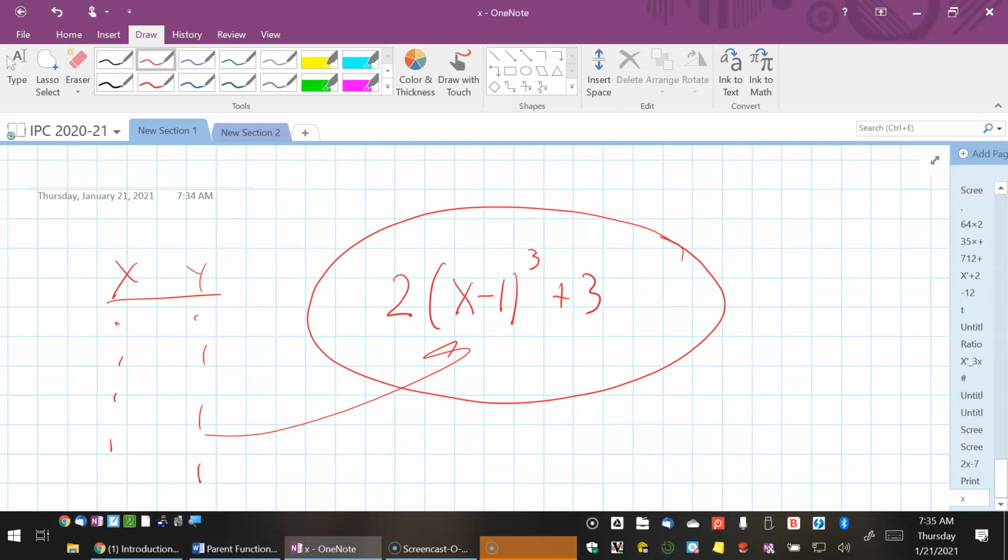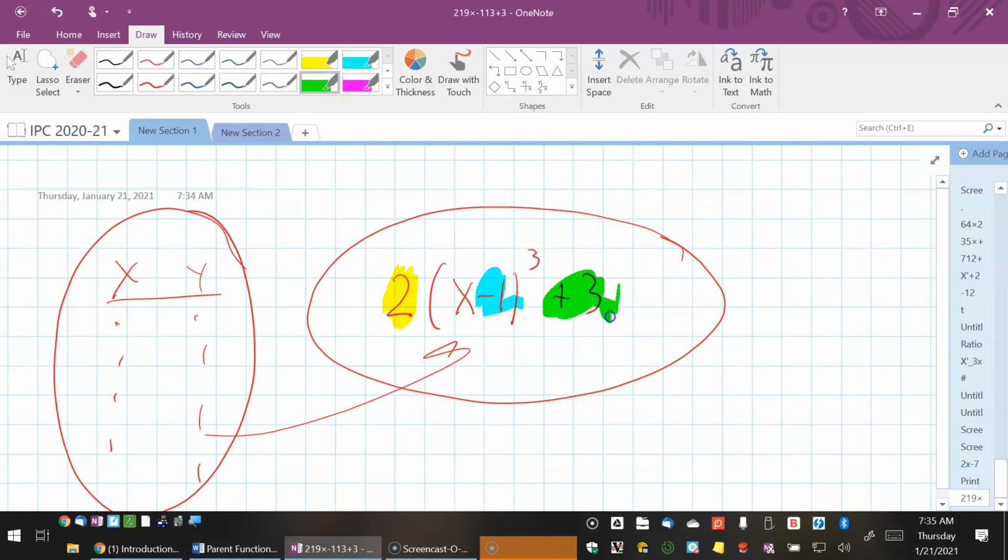Okay, the aim for this unit is to shortcut this whole process by understanding how these different operations affect, in this case, a cubic function.